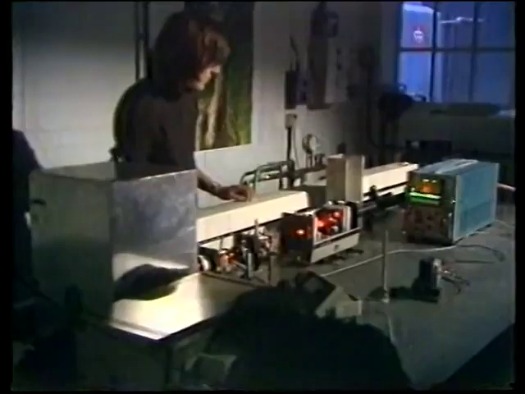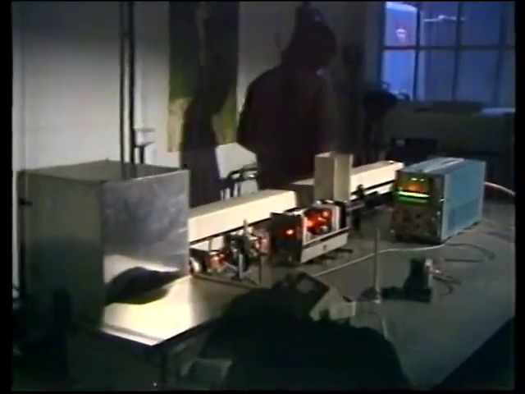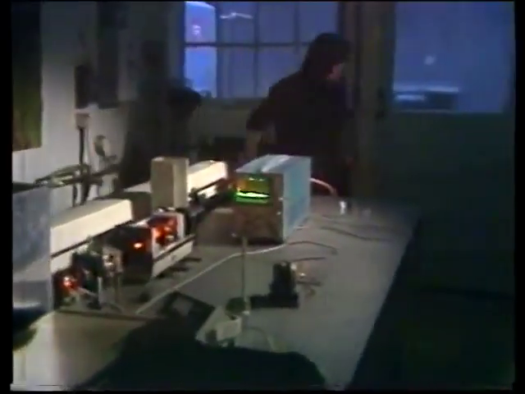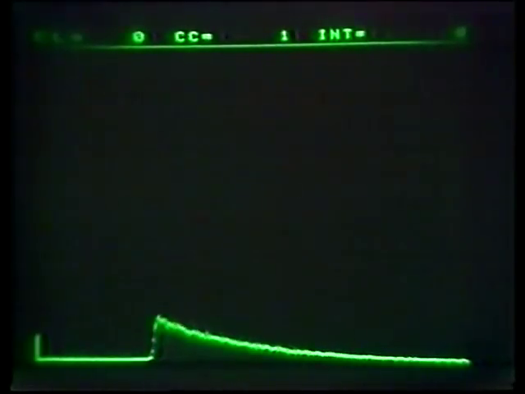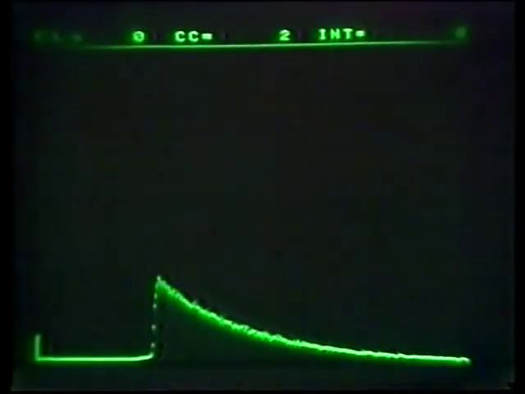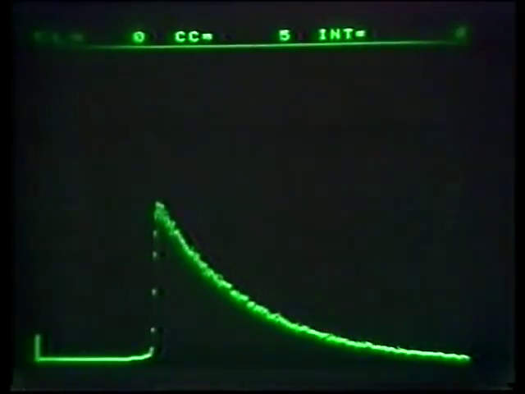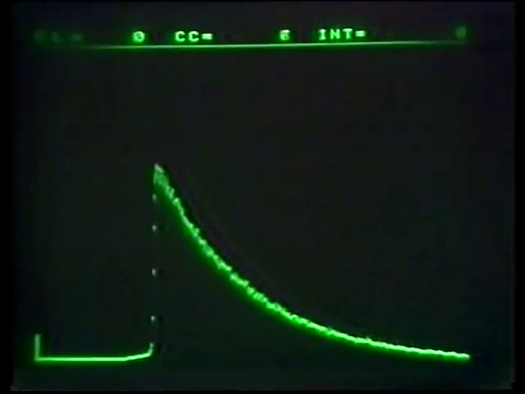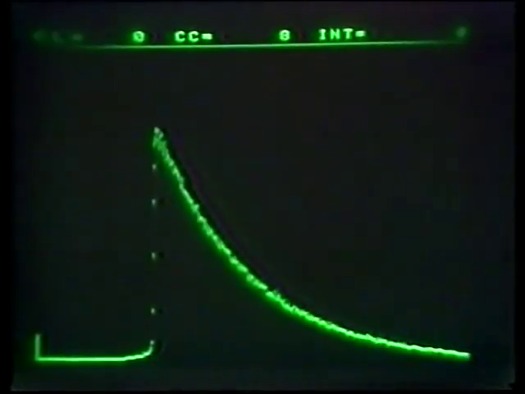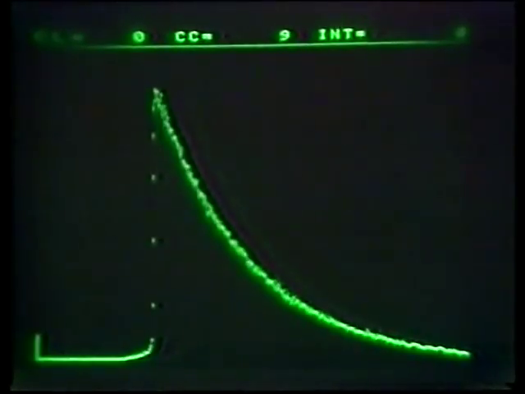Photons of fluorescence are picked up by a photomultiplier, and the photomultiplier output is displayed on an oscilloscope. Each upward jump of a spot represents just a single photon, and the horizontal axis represents the time delay. In this way, a decay profile of the fluorescence builds up as the experiment proceeds.